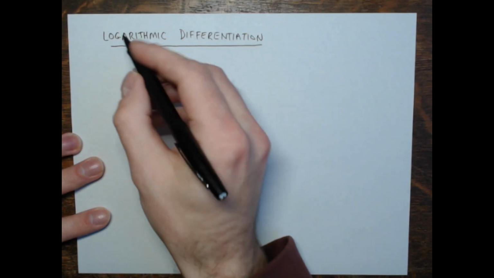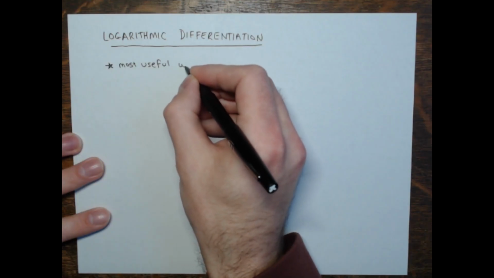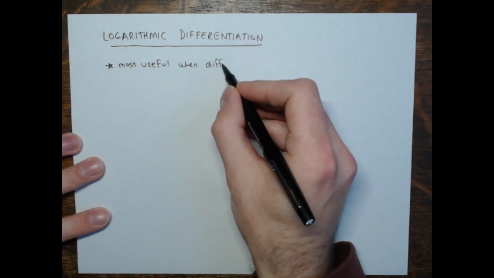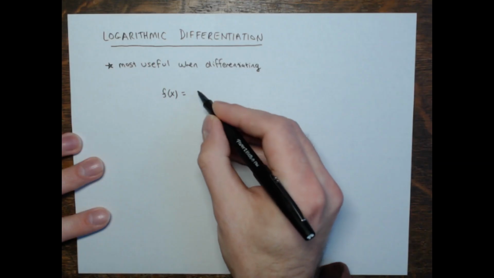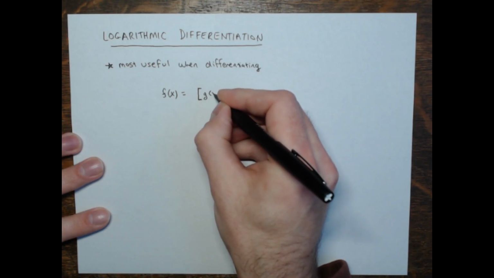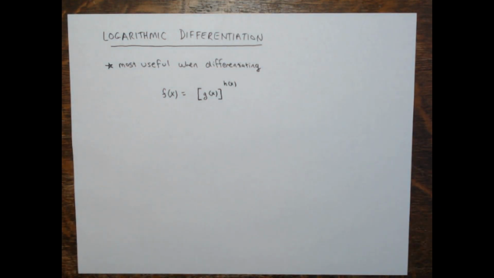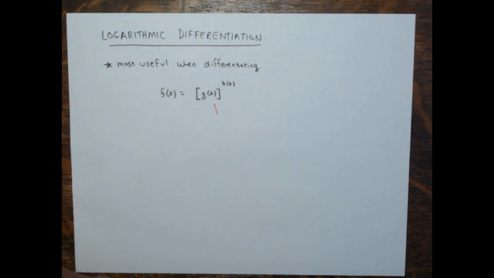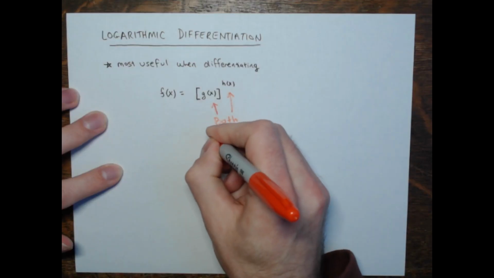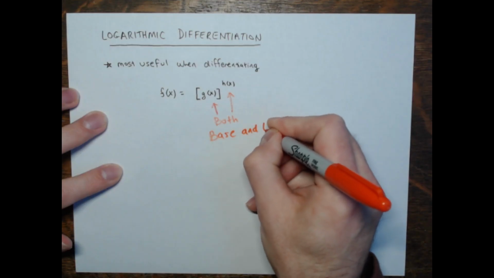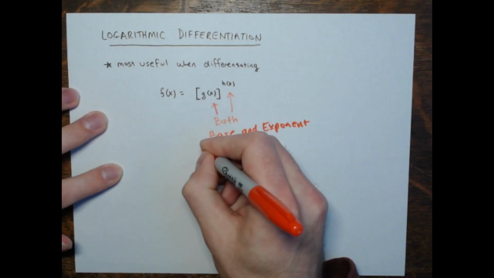You can always use this, but it's most useful when finding the derivative of, say, f of x equals a function of x in your base to a function of x in your power, where both the base and the exponent have variables.